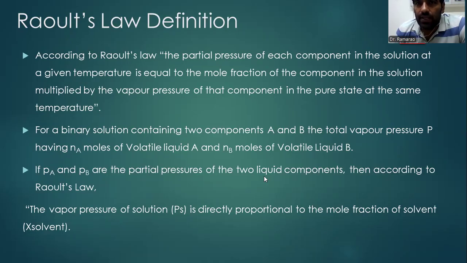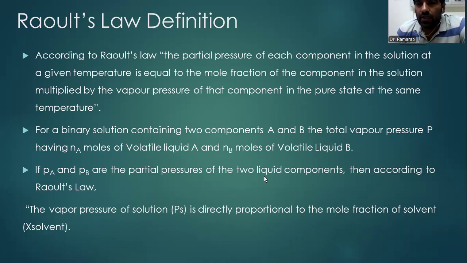The third one: the two components should not react with each other. That means no chemical reaction should take place between solute and solvent. For example, ammonia plus hydrogen chloride should not form NH4Cl, ammonium chloride.